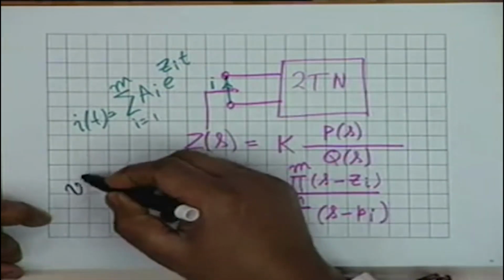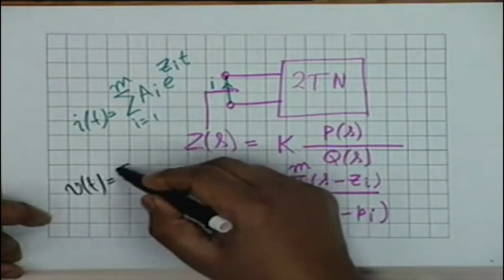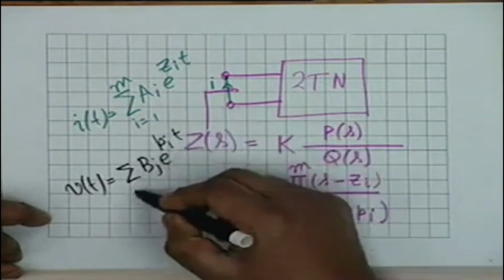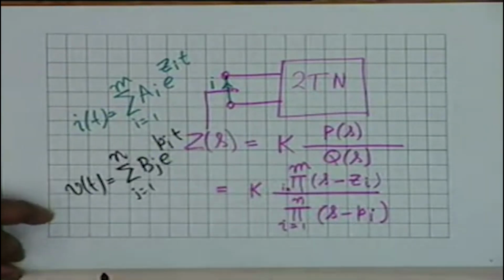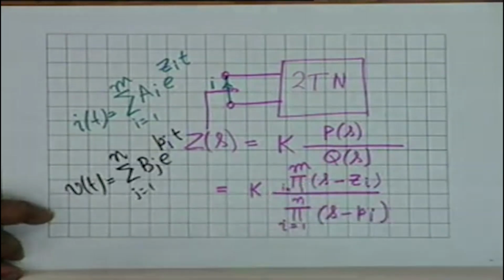Then the natural voltage response V of t shall be determined as Bj e to the power Pjt, where j equals 1 to n, and we had assumed that none of the poles or zeros are repeating. We assume that they are distinct. If they are repeating, then we know what to do. We shall have to modify accordingly.